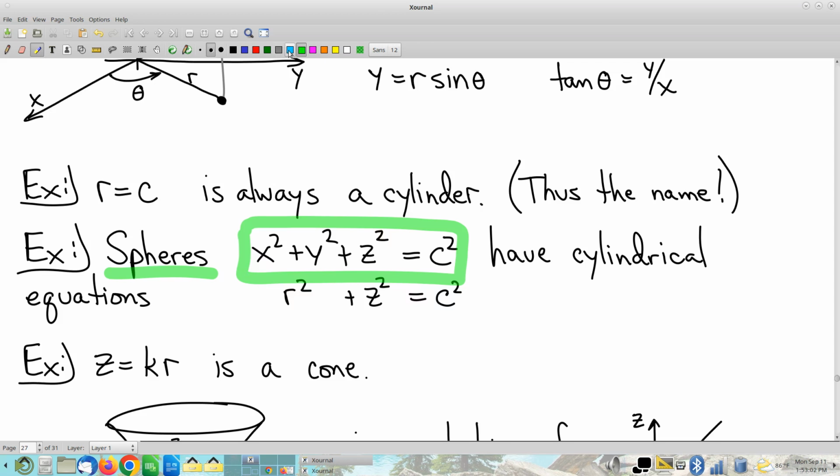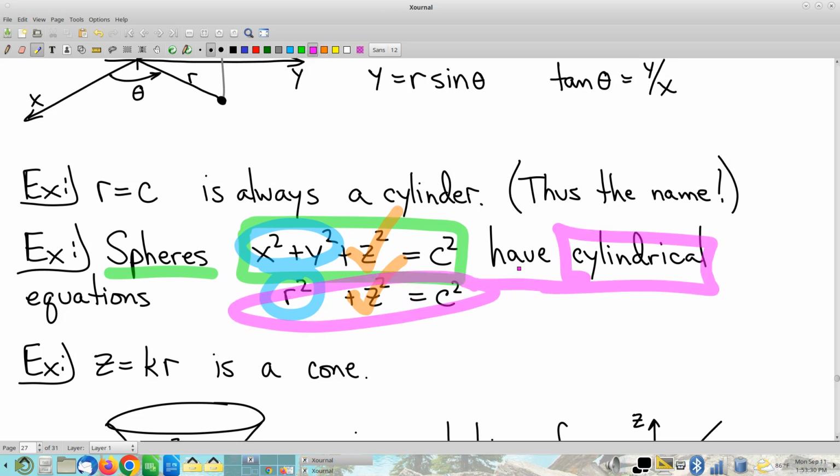Conveniently in this case, I don't have to plug in x equals and then separately y equals. We got lucky here, and x squared plus y squared I can convert as a single thing. That's just r squared. And then of course z is already a cylindrical coordinate, so I can leave the z squared. Doesn't hurt anything. And so this leaves us with what we call the cylindrical equation.